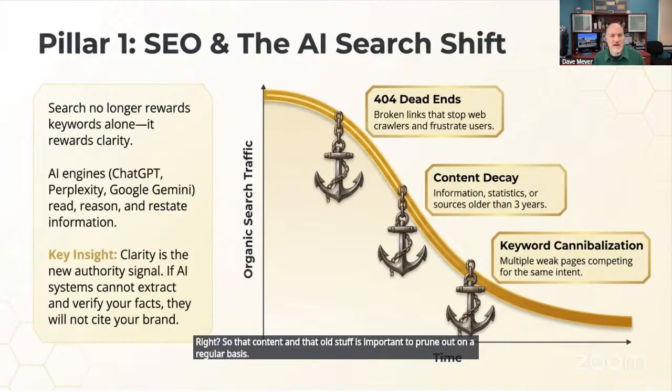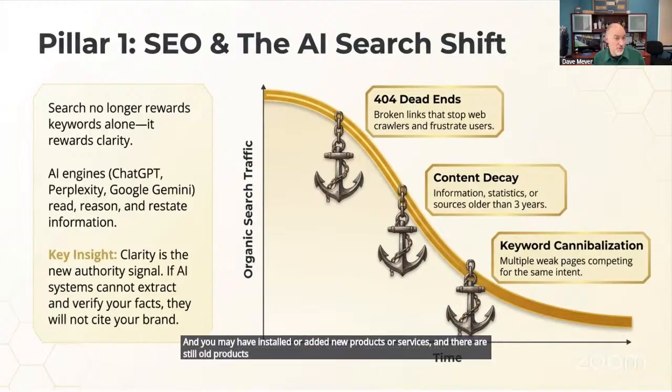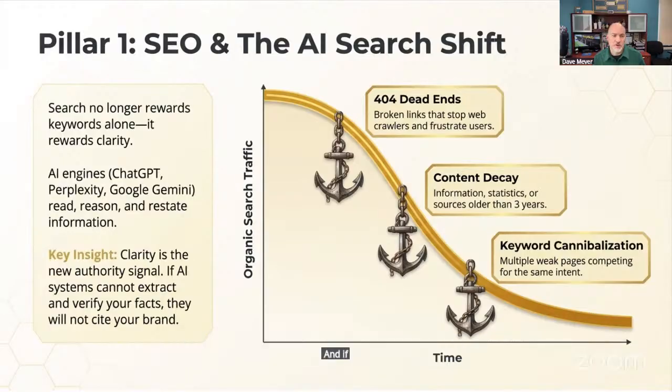So content decay. If you've changed what you do, and you may have added new products or services, and there are still old products or services that you don't really do anymore on your website, it makes sense to prune those out. And if you don't, you're going to see what we call keyword cannibalization.